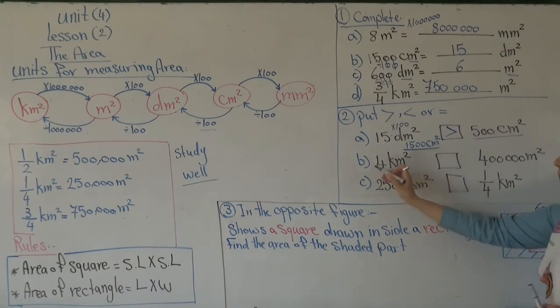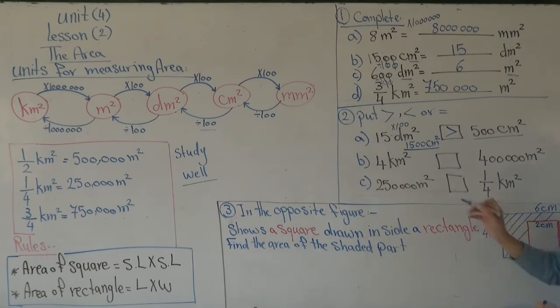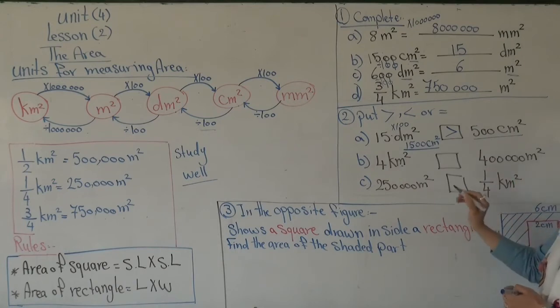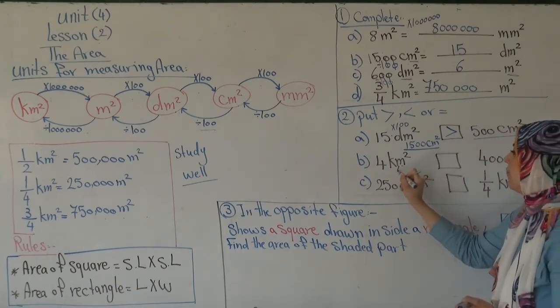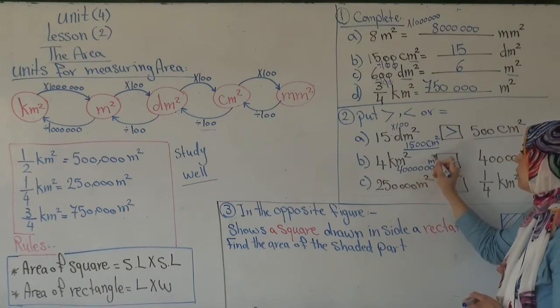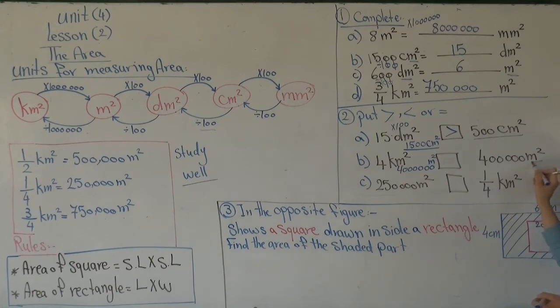Okay, look at B. Can I compare kilometer square with meter square? No, I can't. What can I do? Change any side, one side only. Here, I want to change from kilometer square to meter square, times 1 million. It will be 4 million meter square. Can I compare now, meter square with meter square? Yes. Here 4 million, here 400,000.